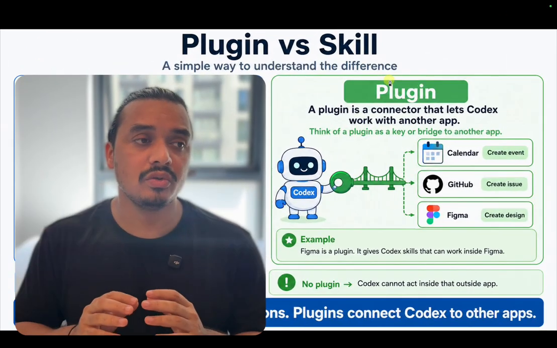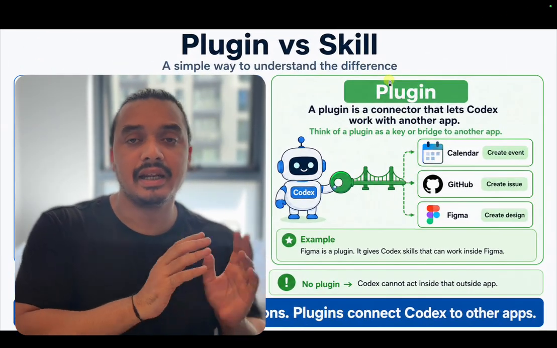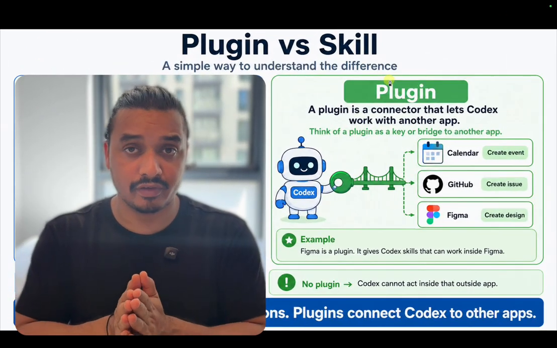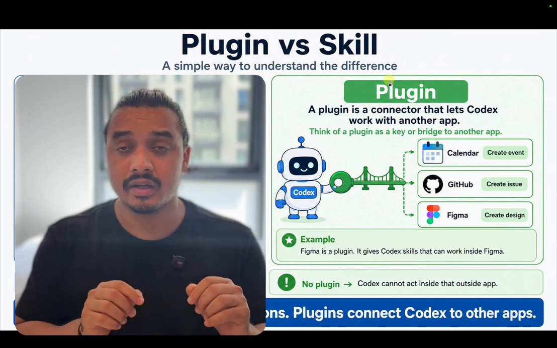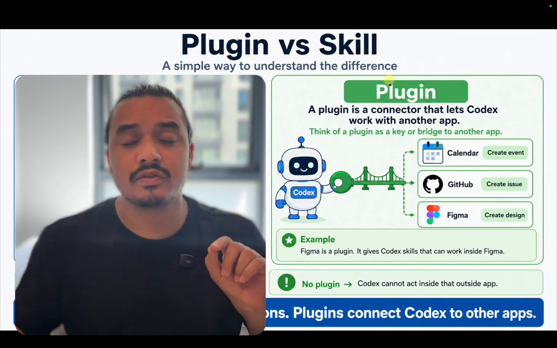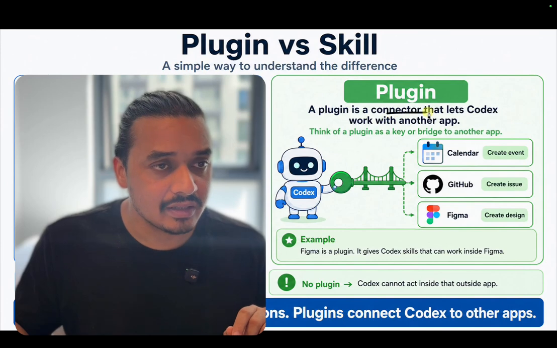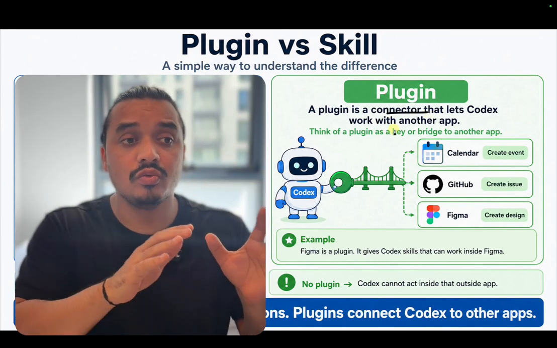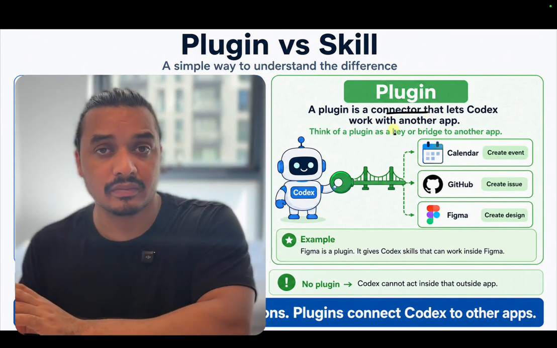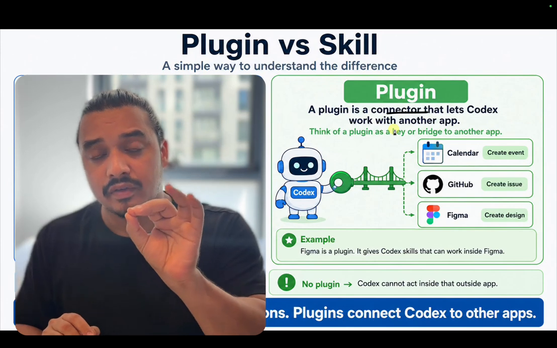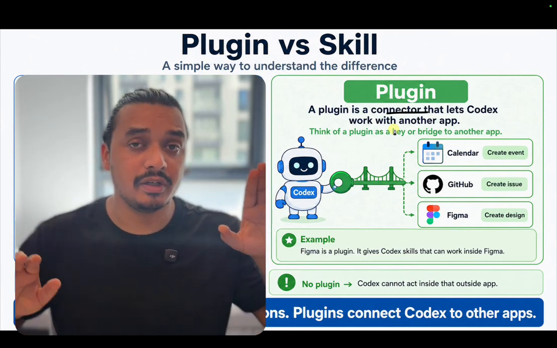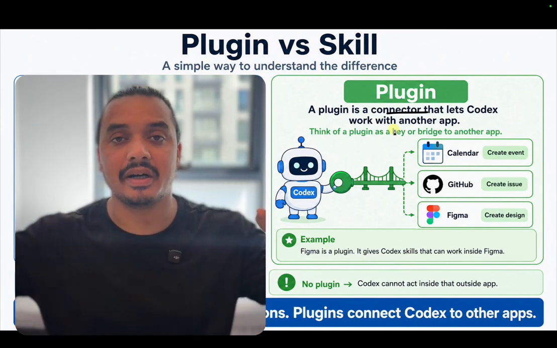Okay, so to better differentiate between the plugin and the skill, I have an infographic for you. Let me show it to you. In this infographic, let's focus on the plugin part first. A plugin is a connector that lets Codex work with different applications. Think of a plugin as a bridge between Codex and a third-party application.